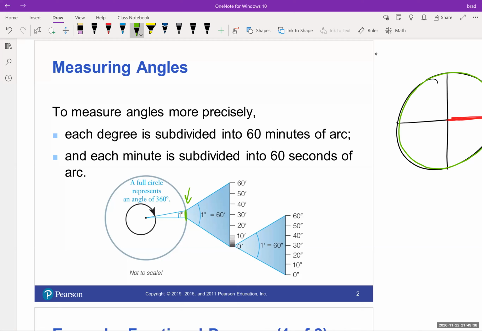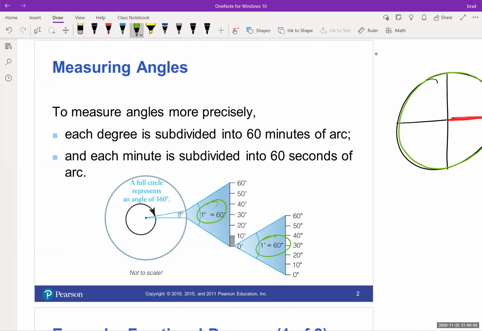Since we're working with degrees, they still call it an arc, but they don't mean an actual length. They're just saying that this is the degree measure, 1 degree. The main thing I want you to take away from this is 1 degree is 60 minutes and 1 minute is 60 seconds. That's how we get much more precise measurements.